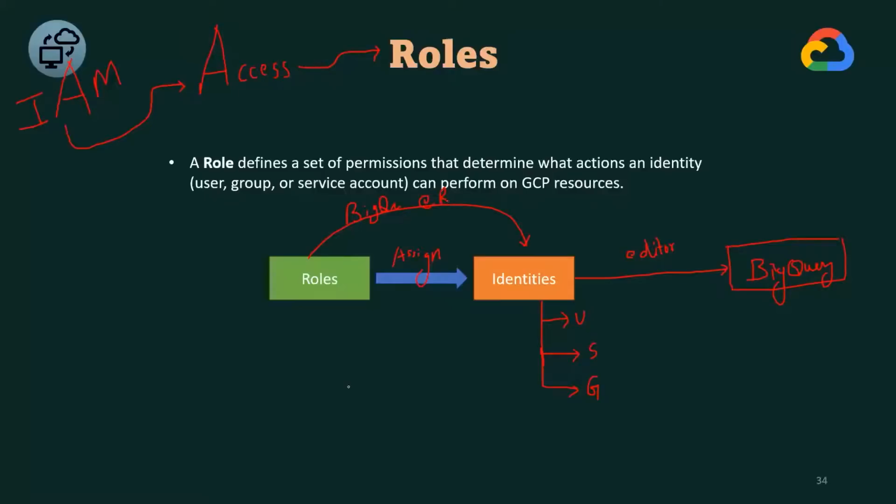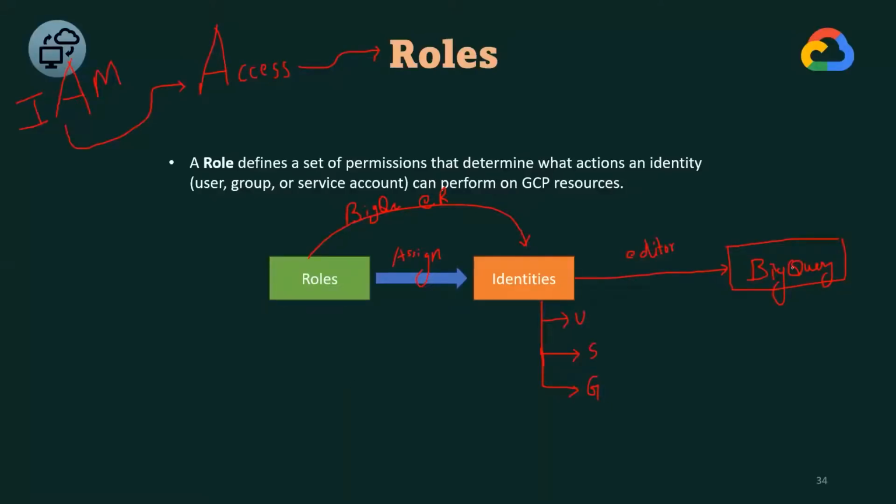So if you want to provide permission or access to the identities on a particular service, you assign the role to them. A role is a set of permissions. So where are those permissions, sir?